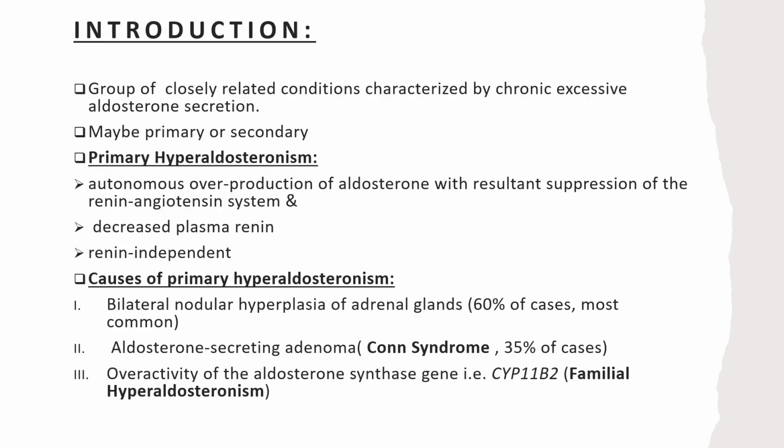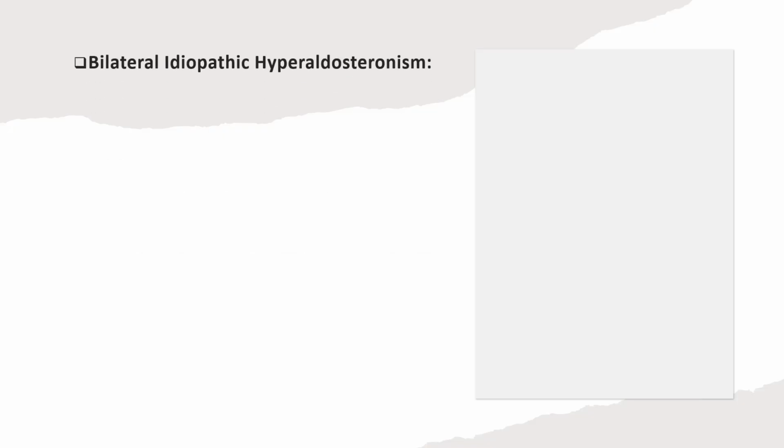And next could be like familial hyperaldosteronism, that is where we can see overactivity of the aldosterone synthase gene, which account for the hyper production of this aldosterone, and there could be mutation in the gene like cytochrome P11 P2. And next we see bilateral idiopathic hyperaldosteronism, which also accounts for primary hyperaldosteronism.